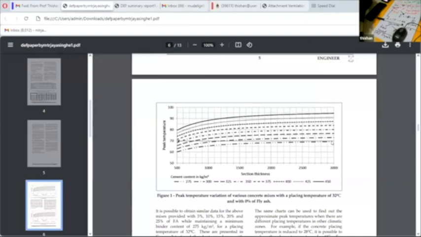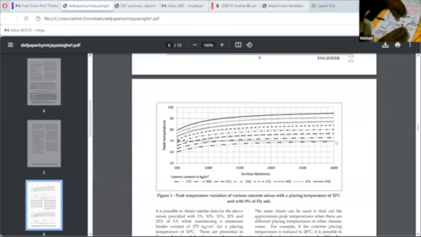So you have decided, okay, the placing temperature has to be 30, but the maximum temperature is 70. So this shows you, okay, now you can't take a risk. Why? Because if you use more cement, you might get delayed ettringite formation, because these are maximum.